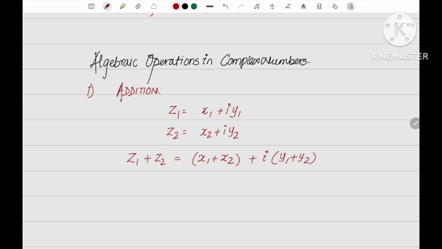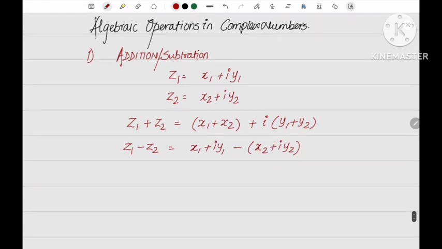And the subtraction, you subtract also in the same way. z1 minus z2 is equal to, I will write, x1 plus iy1 minus x2 plus iy2.